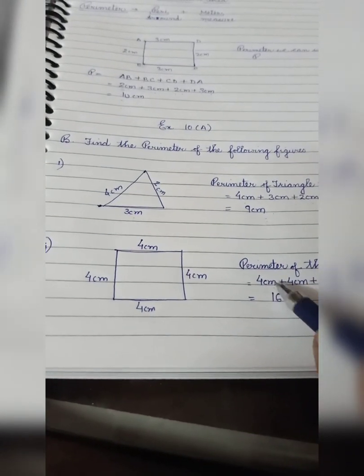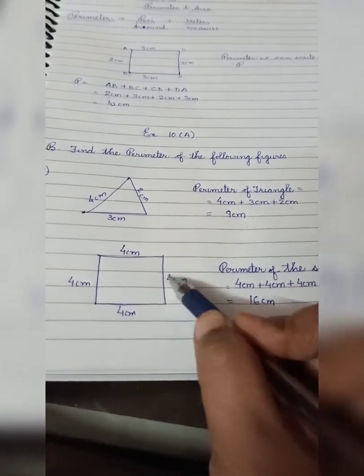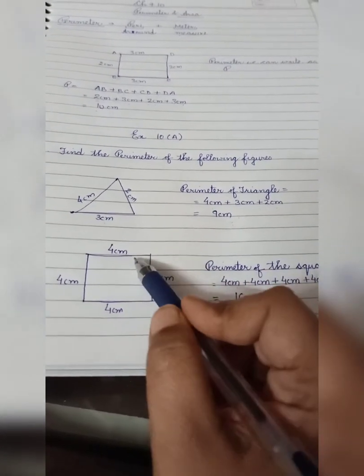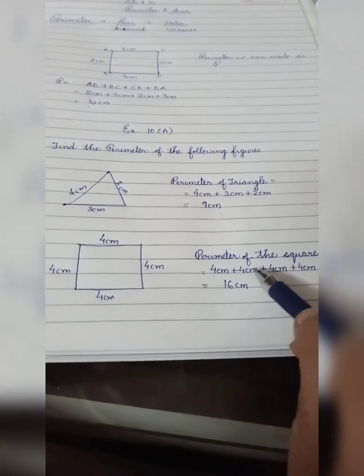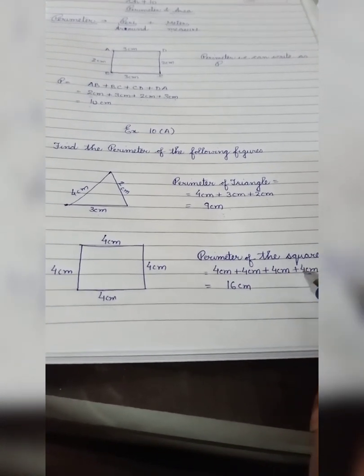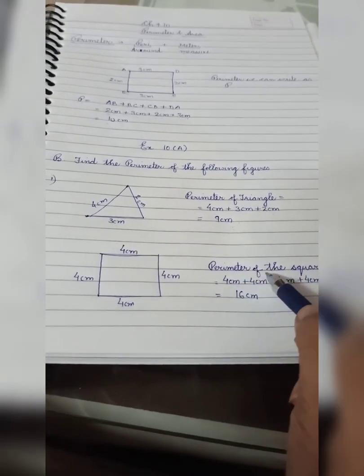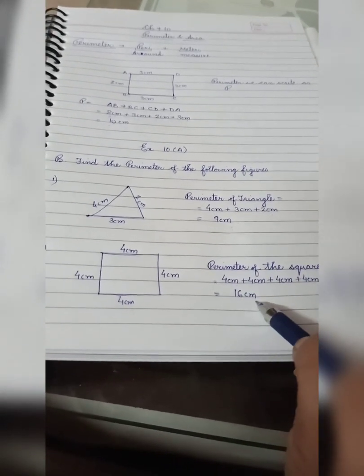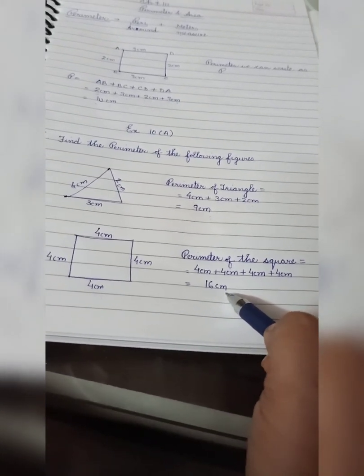So we have written 4 centimeter plus again 4 centimeter plus 4 centimeter plus 4 centimeter. So 4 plus 4 is 8. 8 plus 4 is 12. 12 plus 4 is 16. So the answer is 16 centimeter. So what is the perimeter of the square? 16 centimeter.